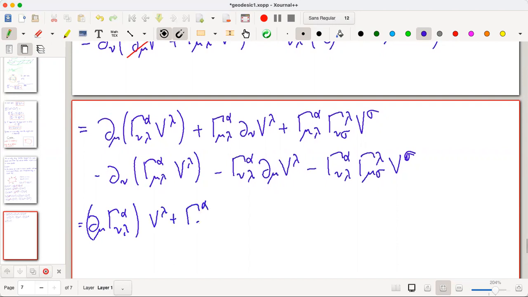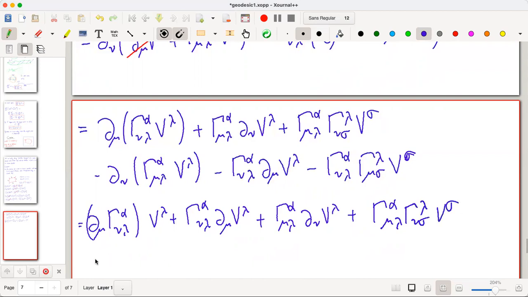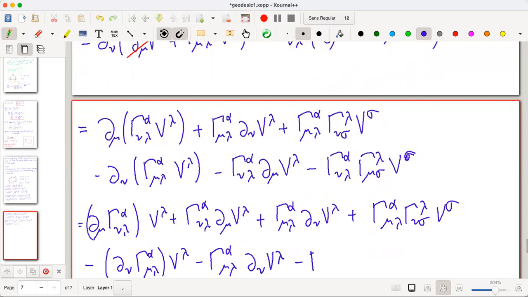Plus gamma alpha nu lambda times partial mu of v lambda plus gamma alpha mu lambda times partial nu on v lambda plus gamma alpha mu lambda gamma lambda nu sigma v sigma minus partial nu of gamma alpha mu lambda times v lambda minus gamma alpha mu lambda times partial nu working on v lambda minus gamma alpha nu lambda partial mu v lambda minus gamma alpha nu lambda gamma lambda mu sigma v sigma.